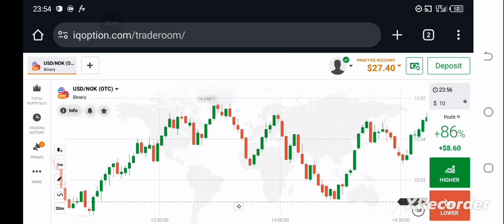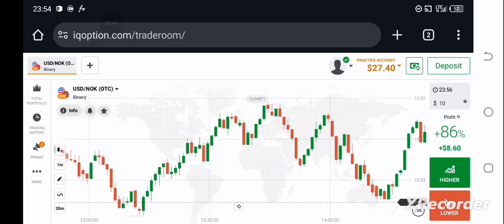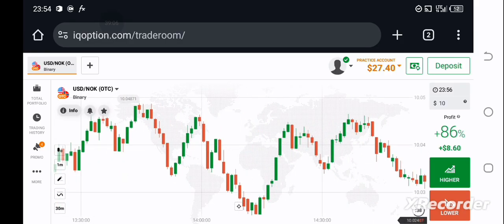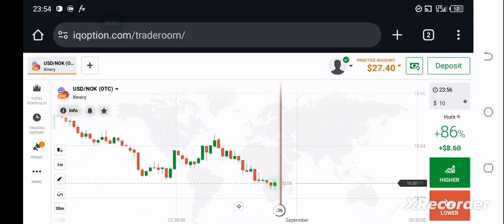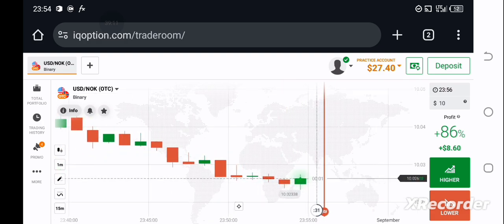So market structure matters a lot. Even though you are seeing strong buyers or strong sellers in the market, you are going to look at the structure of the market first before you open any position. If the market is moving in a flat range, a ranging market, you can open a position at those key support and resistance areas.